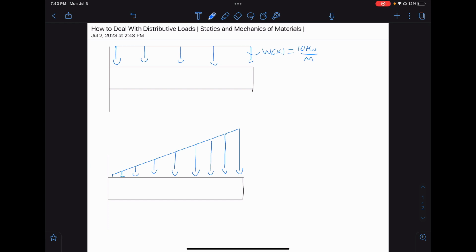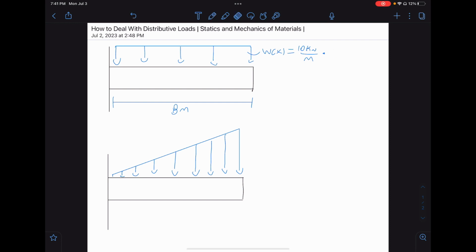So in order to turn this into a resultant force, we must multiply this by the length, because it's a rectangle, right? We have a beam that is 8 meters long, just doing an example here, and our height is 10 kilonewtons per meter.